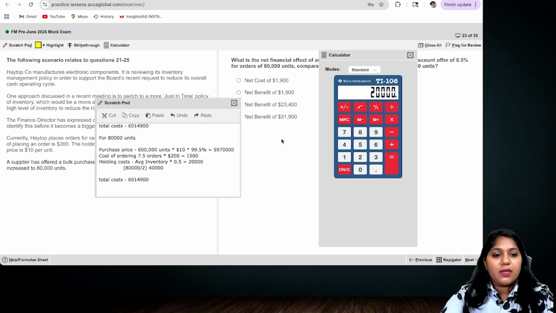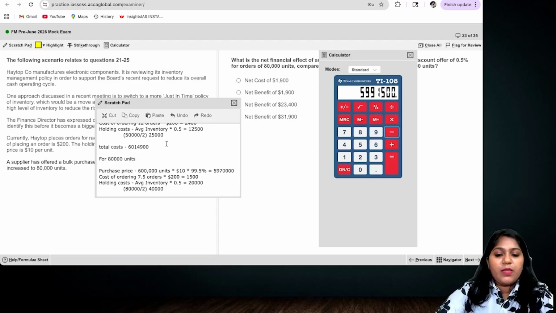So take all of this and calculate what is the total cost. It's $5,970,000 plus 1,500 plus 20,000. So the total cost has to be 5,991,500. So considering the savings, what is my net savings? I have saved from 6,014,900 to this amount.